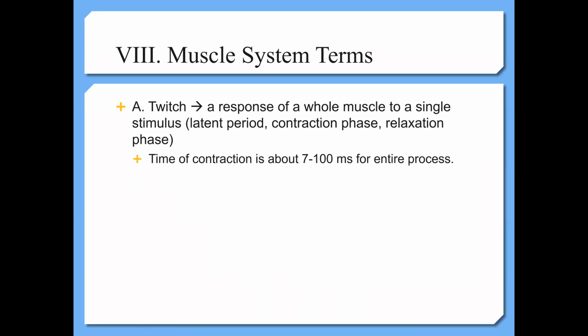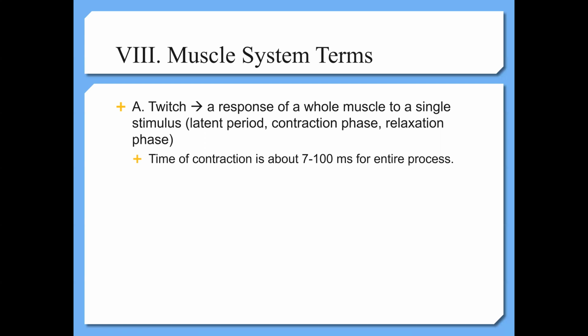If you get a single response of a whole muscle to a single stimulus, you have a latent period, in other words, the time it takes while all those biochemical things are happening, then a contraction phase. That is when, remember, we had the actin and myosin, and the actin is going to slide over the top of the myosin.